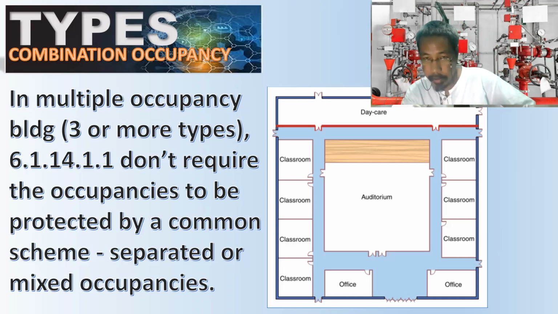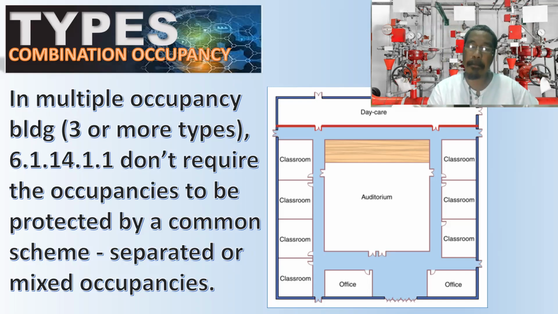So for example, we have here a floor plan, daycare, and we have classrooms, group of classroom, 4 on the left side, 3 classroom on the right side, 2 office in front, and we have daycare, means of egress at the back.